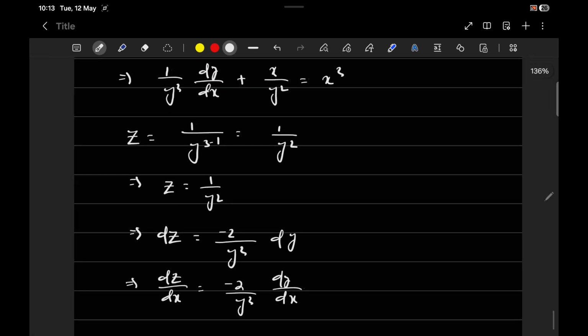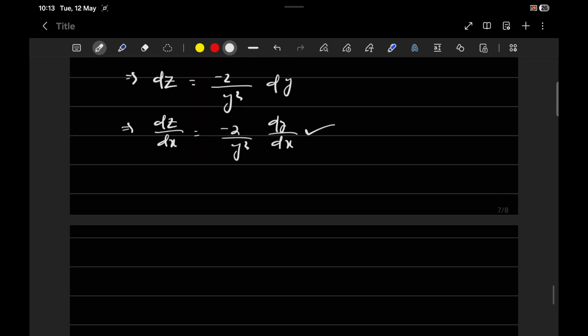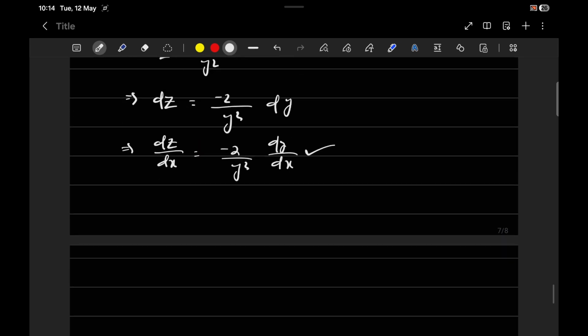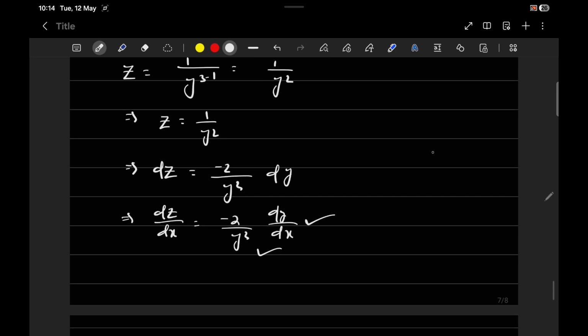Look at this. In the equation, we have 1 by y cube dy by dx, and here we have minus 2 by y cube dy by dx. Don't these look familiar? We can do something like this. We have to bring 1 by y cube dy by dx here.